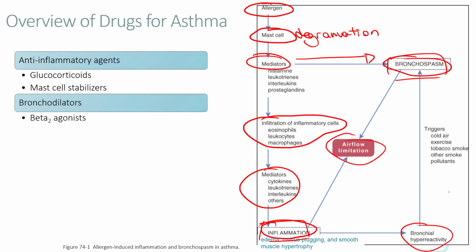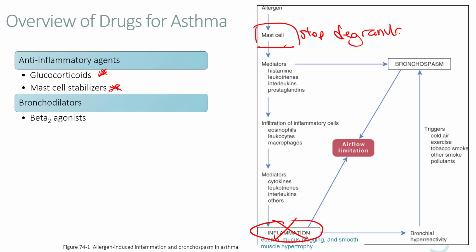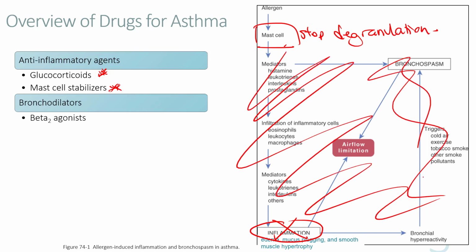So, the drugs to treat asthma involve the following. First of all, you've got glucocorticoids, and what glucocorticoids do is they reduce the amount of inflammation that's possible. We also have mast cell stabilizers. What mast cell stabilizers do is they stop degranulation. And if you imagine, if you stop degranulation, none of the following things would actually happen.